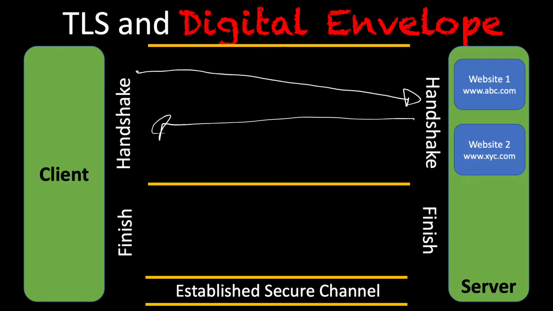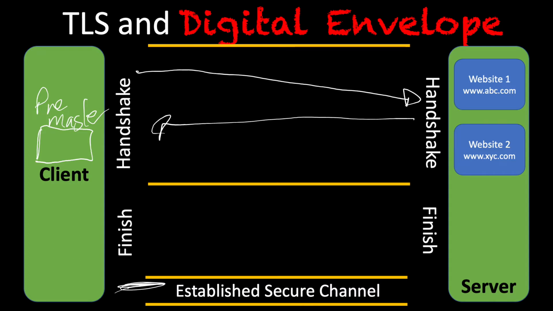What the client does after that is verify the certificate of the server, and then it generates a pre-master secret. This is one of the input variables to getting us down to the established secure channel.